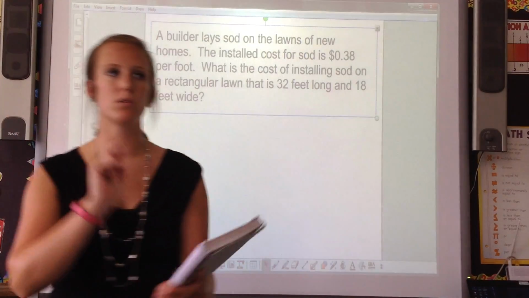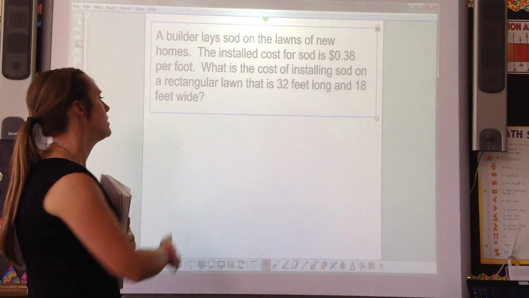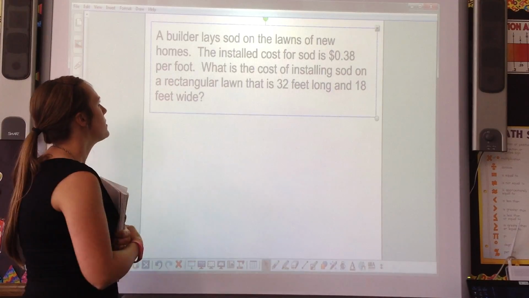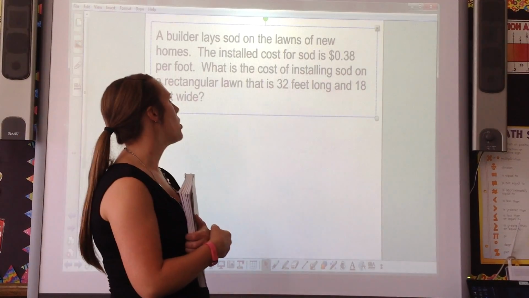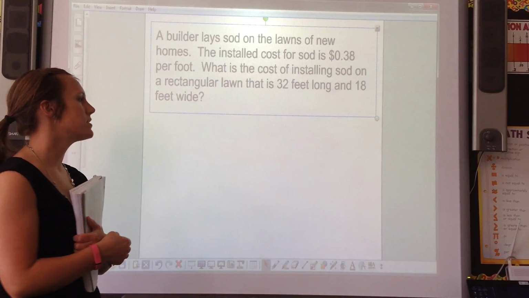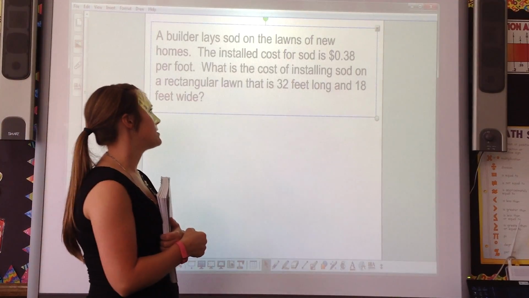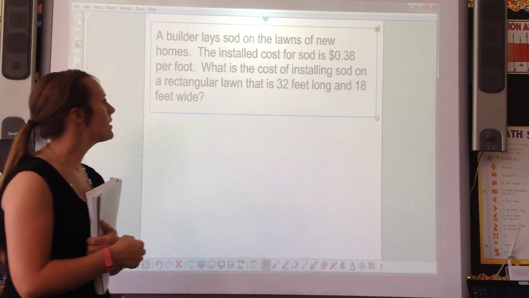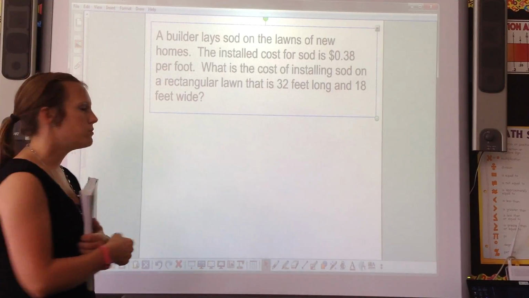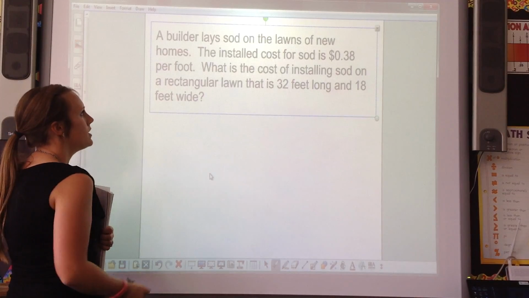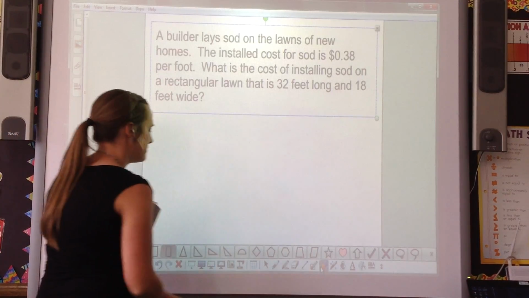Okay, so we have 2 word problems to work on together. This first one. A builder lays sod on the lawns of new homes. The installed cost for sod is 38 cents per square foot. What is the cost of installing sod on a rectangular lawn that is 32 feet long and 18 feet wide? So maybe it'll help you understand this problem if I make a diagram.